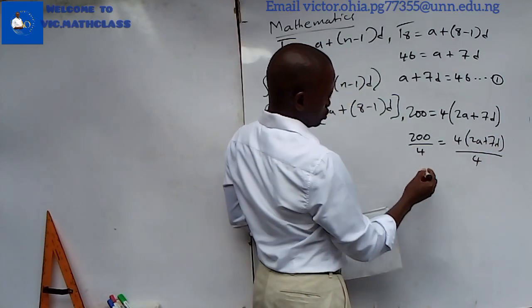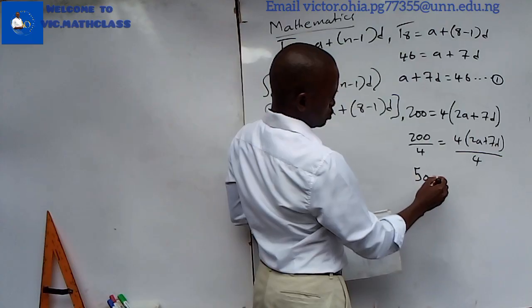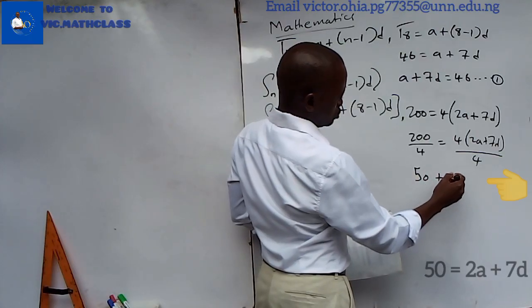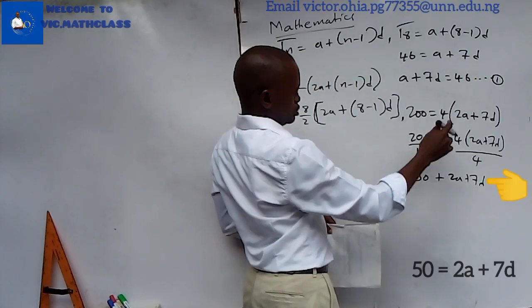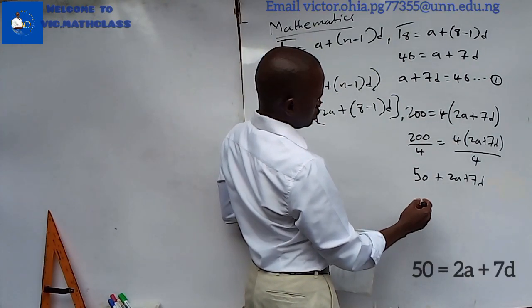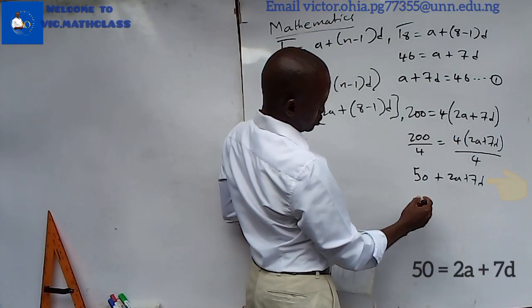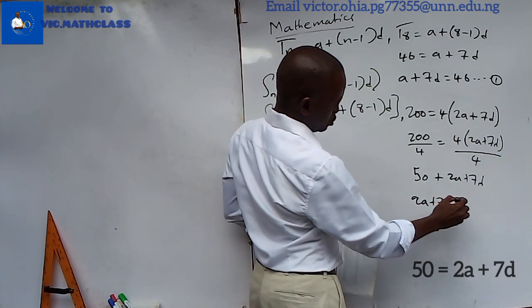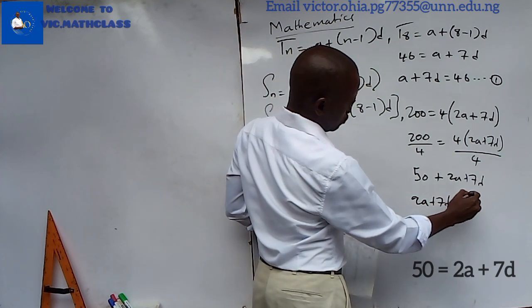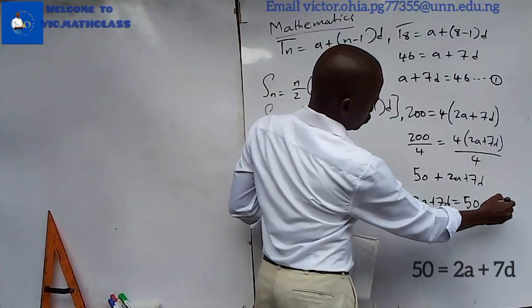So this expression will come down to 50 equals 2a plus 7d. So obviously I can now rewrite it as the second equation: 2a plus 7d equals 50, and call it equation 2.